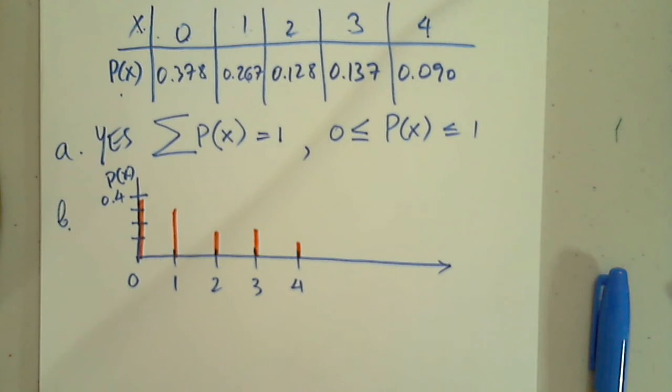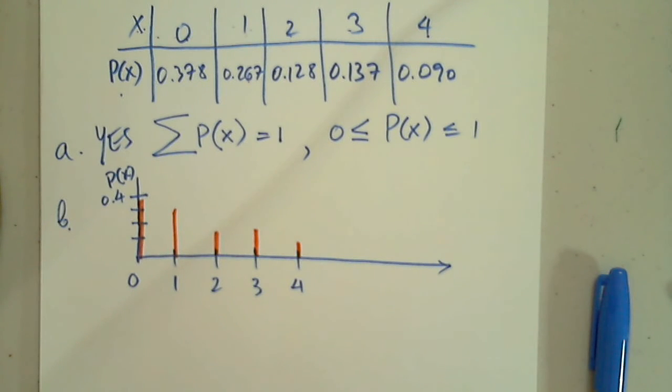And we're going to put in L1. I'm going to have to clear and enter and clear and enter. So in L1, I have the values of the random variables: 0, 1, 2, 3, and 4. And probabilities, 0.378.